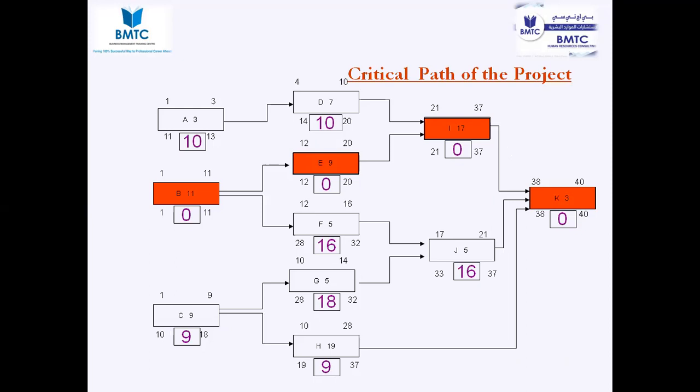So A has 10 days of float: out of 40 days, you can delay A by 10 days, and any 10 days for D and for F. The resource you assign to that task, you can redeploy to the critical activities. So don't try to delay the critical activities.